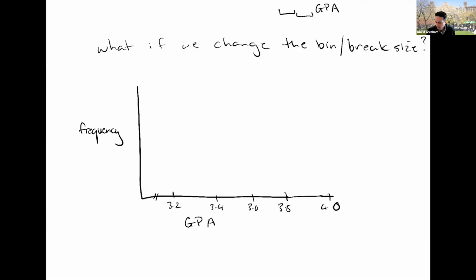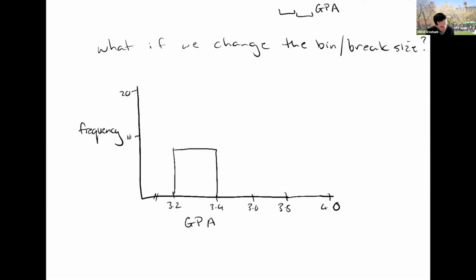And now if we add up those individuals that have a GPA between 3.2 and 3.4, for example, those are all the individuals that have a GPA of 3.3 and 3.4. So that's 9 individuals. So now in this case, our plot would look like this.